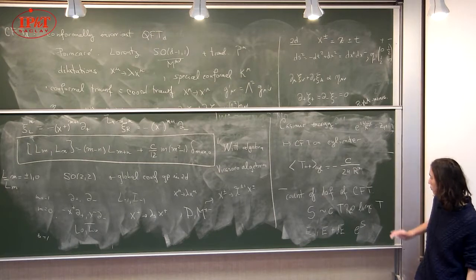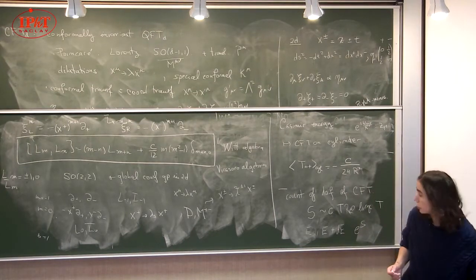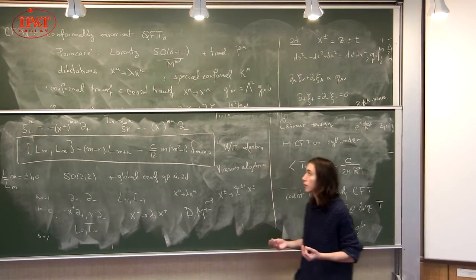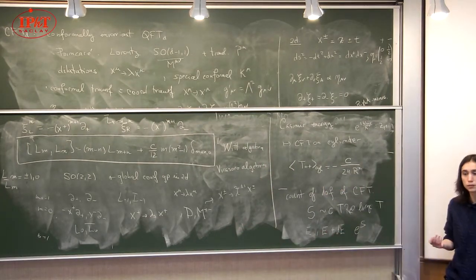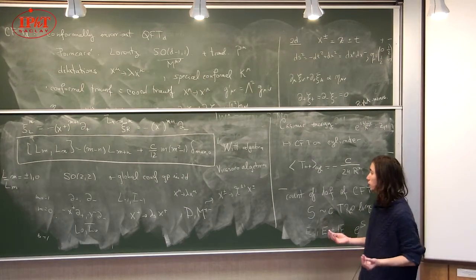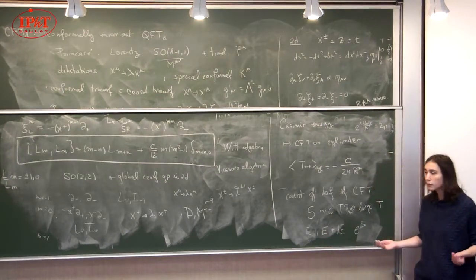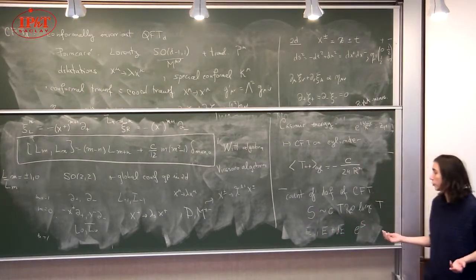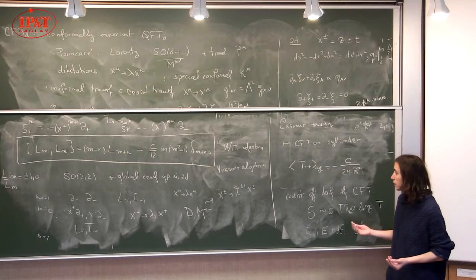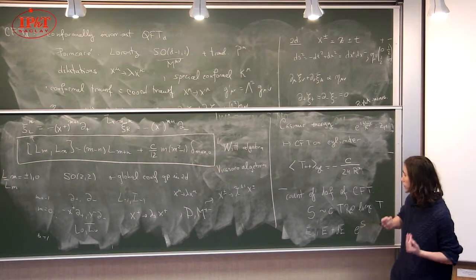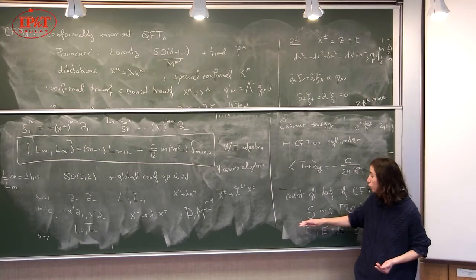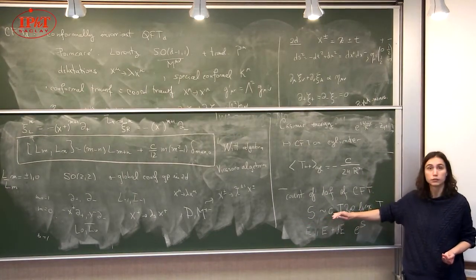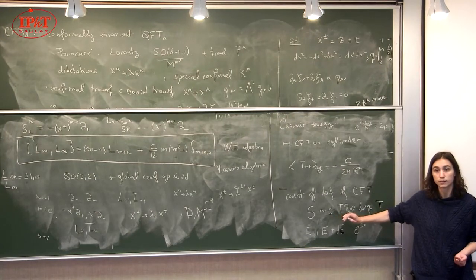Okay, so now what I wanted to discuss: there's something very, very nice about two-dimensional CFTs. For a general quantum field theory, and even for a general conformal field theory in higher than two dimensions, if the theory is strongly coupled, one does not know how to compute the entropy. But it turns out that in two-dimensional CFTs, one can use their very special properties to get a universal formula for the entropy at high energies or large temperatures.